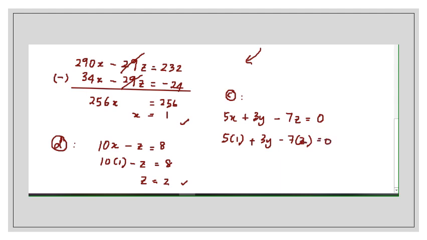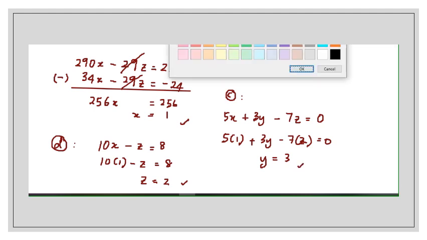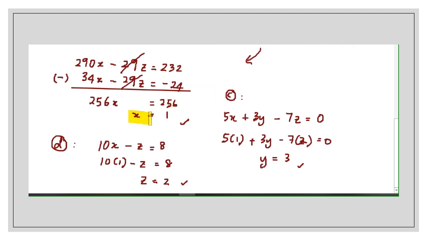Then 3y will be equal to 14 minus 5, equal to 9, divided by 3. Then your answer of y equal to 3. This is answer x, this is answer z, this is answer y. x equal to 1, y equal to 3, z equal to 2.